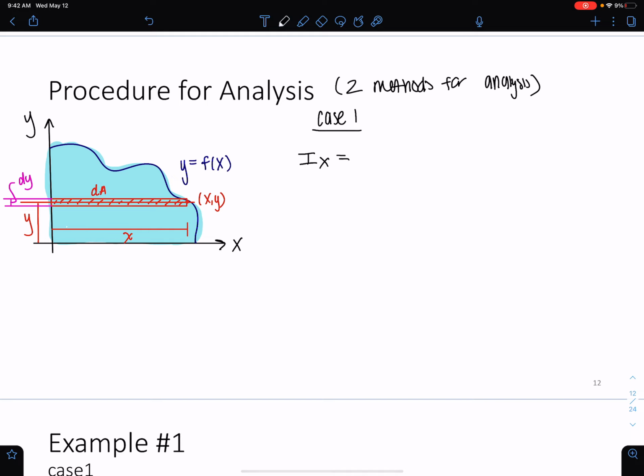So we're going to use Ix is equal to the integral of y squared dA. So we're going to use case 1 for Ix. You could probably imagine what we're going to do for case 2. Probably should have copied that before I drew all over it, but we'll have to just redraw it.